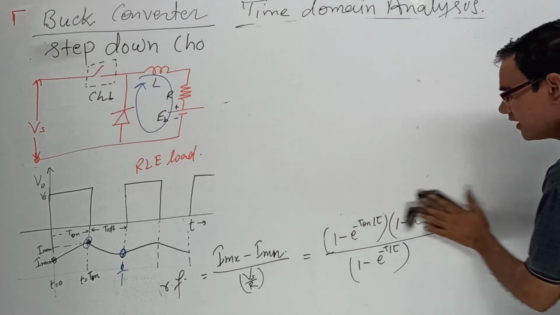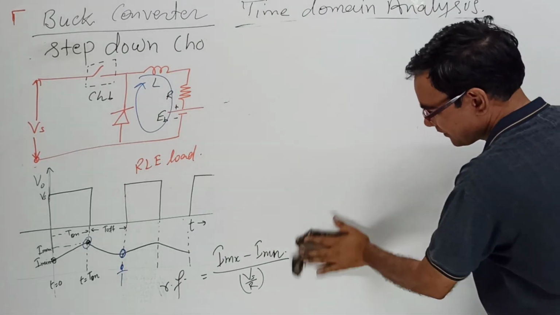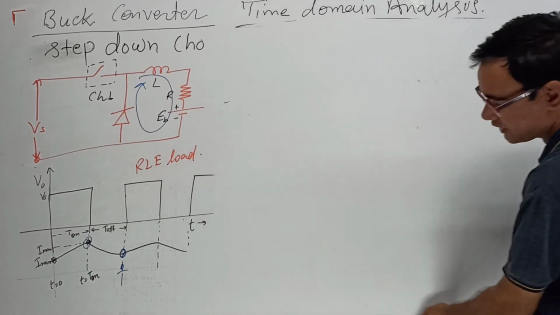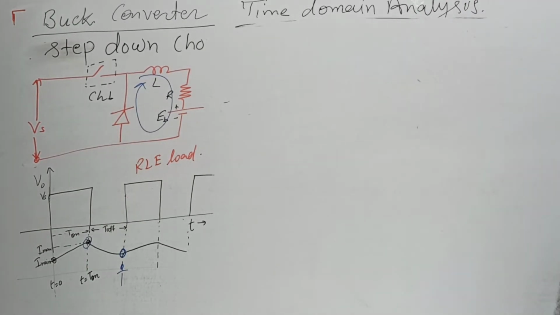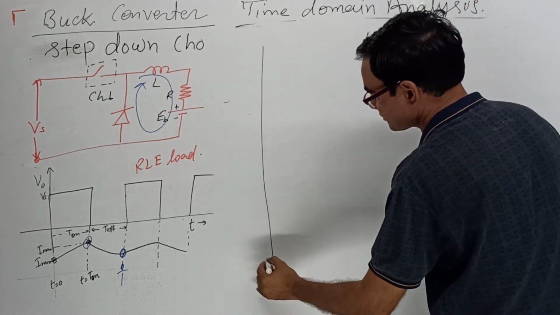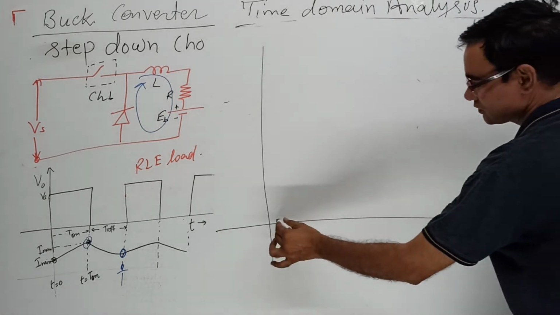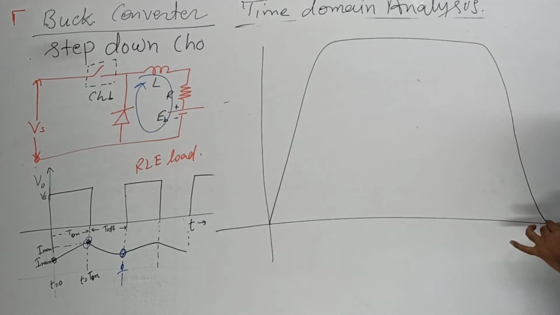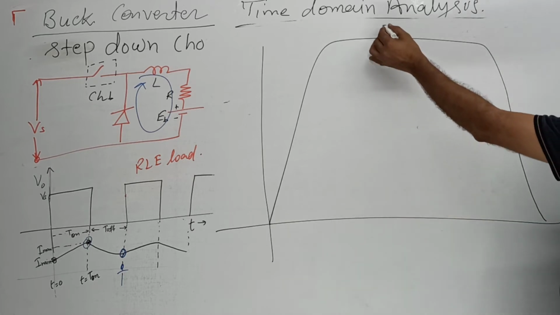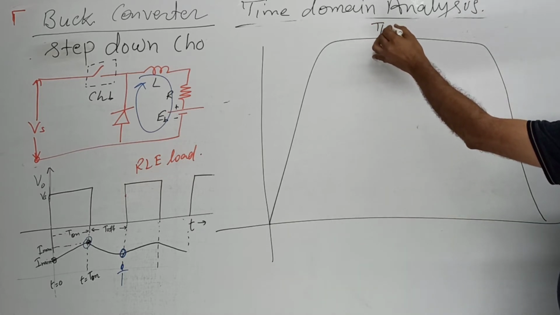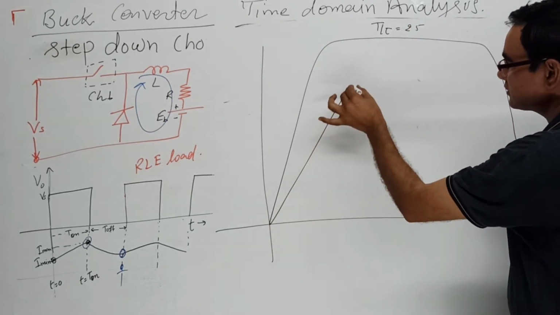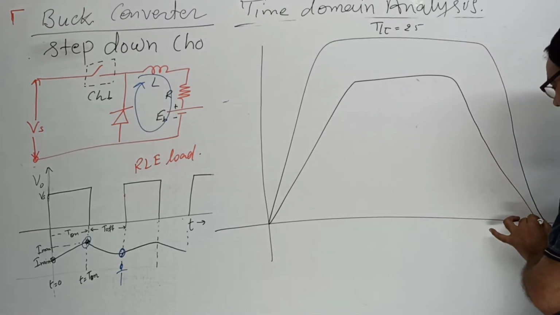This is the analytical part. And for the different values of t by tau, if we are representing, then this graphical representation comes like this one. It comes like this. When t by tau is equal to 25, it is like this.